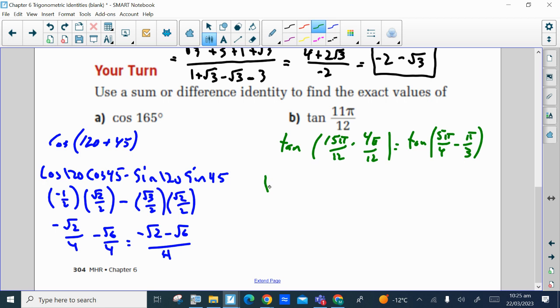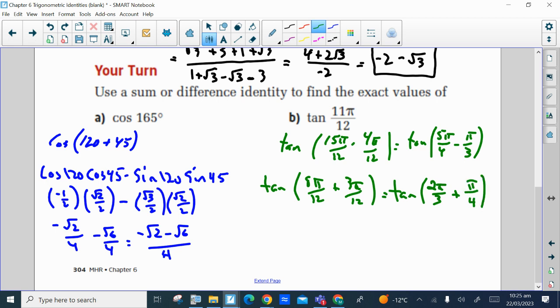But we could also do this using a sum identity. I think 8 pi on 12 and 3 pi on 12 should also work, because 8 pi on 12, if you divide top and bottom by 4, you'll get 2 pi over 3, plus 3 pi on 12, again, divide top and bottom by 3, you'll get pi on 4.